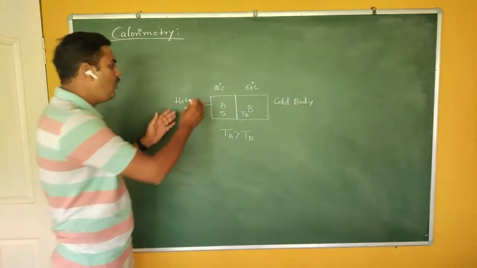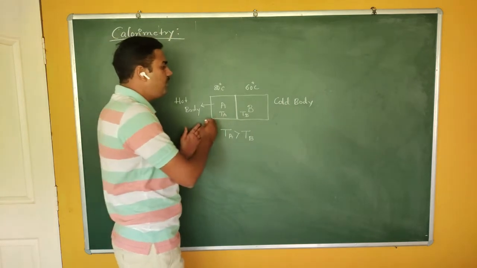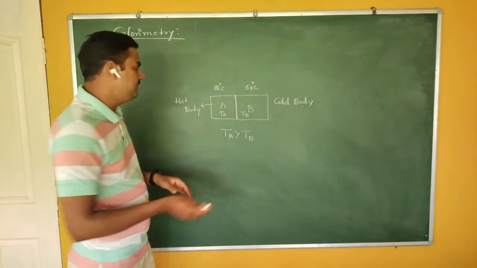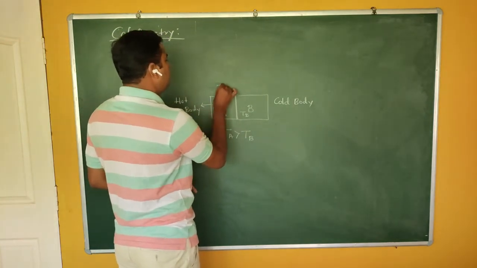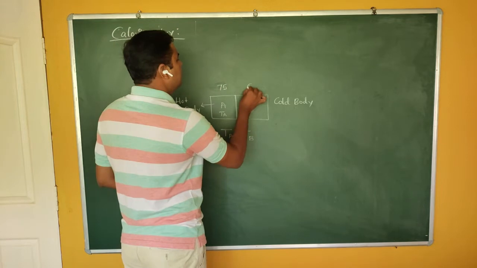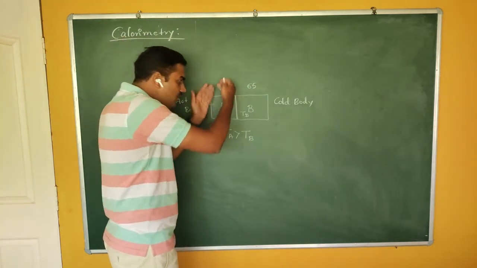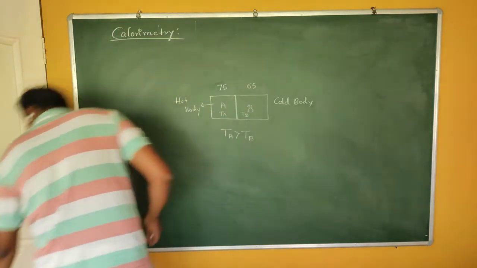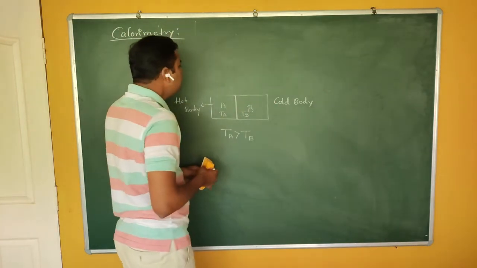melting. Therefore if body A loses heat, then its temperature decreases. If body B gains heat, then temperature increases. Okay, so after a few seconds you can see that the temperature of this one becomes 75 degrees, so this becomes 65 degrees. So slowly the temperature of body A is falling and the temperature of body B is rising until the temperature of both bodies becomes the same.